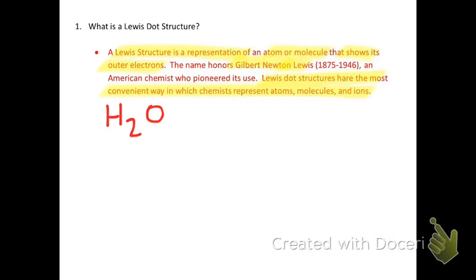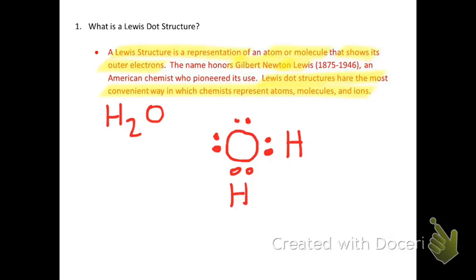But how do we bond them together and show that they're covalently bonded? Well, the way we do that is we use dots. Something like this, where you have oxygen, 2 dots, and then hydrogen, another 2 dots and a hydrogen, and then we have some dots here. Alright, now this is the Lewis structure of water.